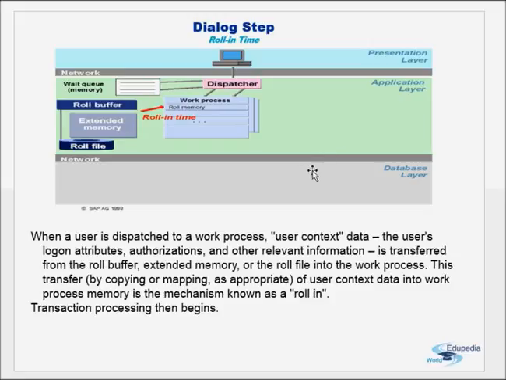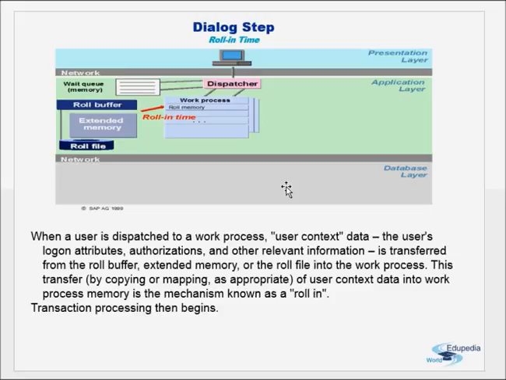Earlier we have come across terminology such as work process multiplexing, roll buffers, roll in, and roll out. Every dialog step can be executed by a different work process. When the task of a user switches from one work process to another, after a work process completes executing, it puts all the user context data in the roll buffer, extended memory, or the roll file.